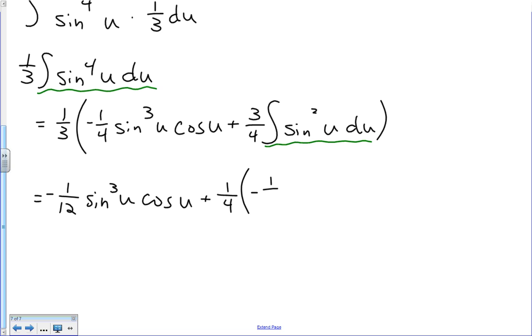So it's going to be a negative 1/2, times the sine to the n minus 1, which 2 minus 1 is just 1, so we don't need to put a power on that, of u, not x, times the cosine of u, and then plus, it's n minus 1 over n, so that's going to be 1 divided by 2, times the integral of sine to the n minus 2. So n was 2, so it's sine to the 0. I'll go ahead and write it that way here. It's going to be sine to the 0 of u du.